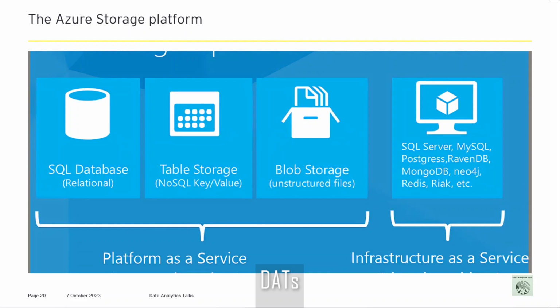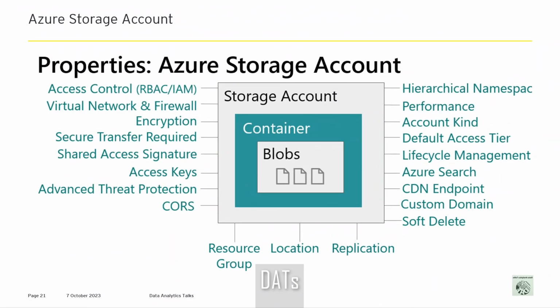Azure Storage Platform comes with a lot of properties. It has access control, RBAC, role-based access control, IAM, then virtual network and firewall. It has encryption. It has secure transfer required. It needs shared access signature. It has access keys, advanced threat protection. It has CORS. The storage account has containers and has the blob storage options.